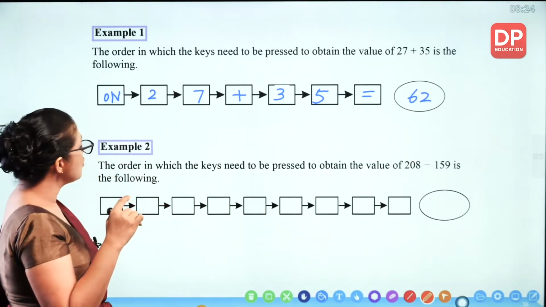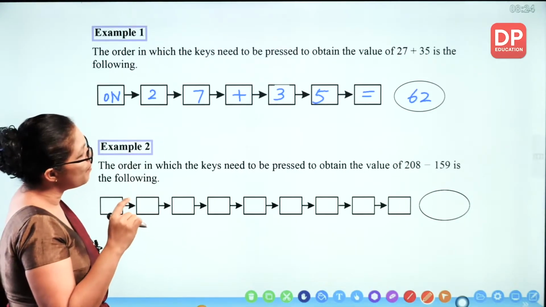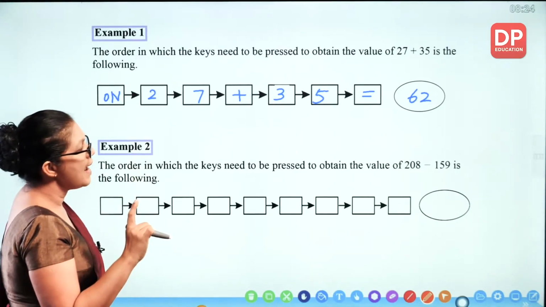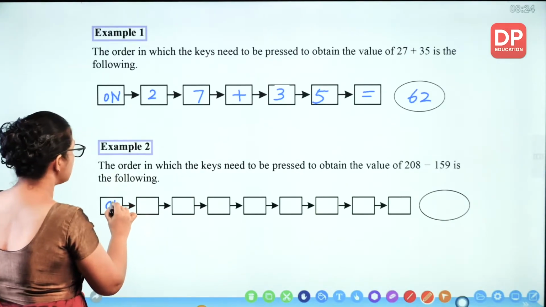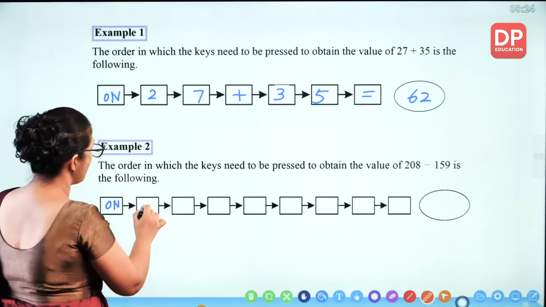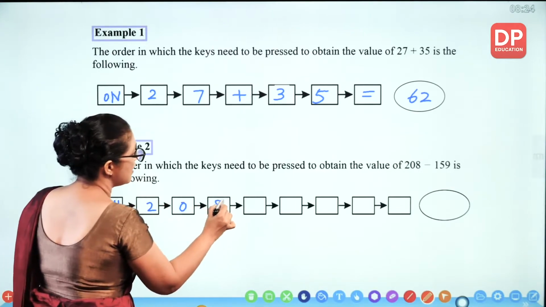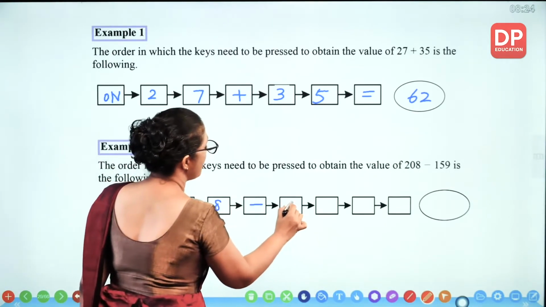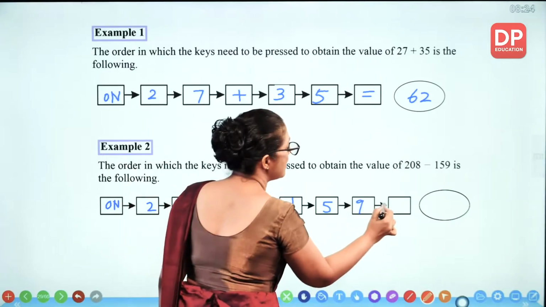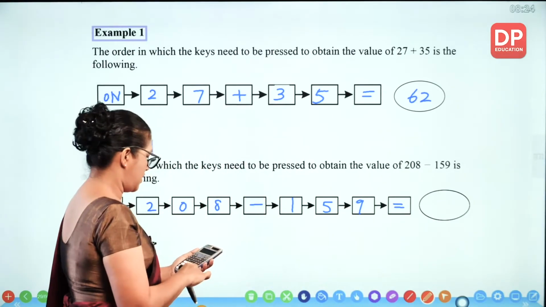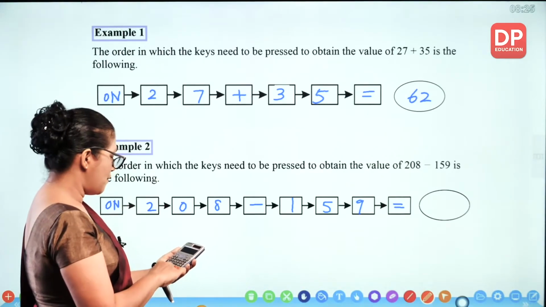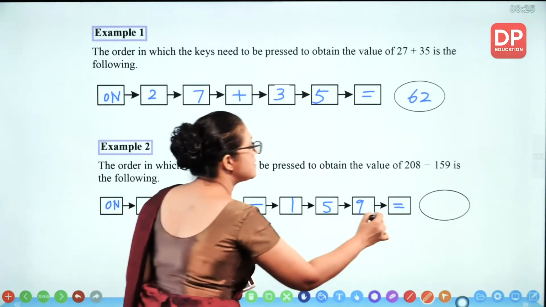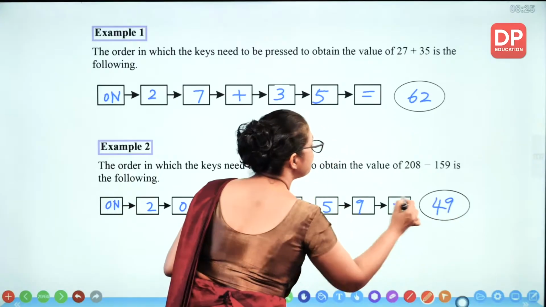This one, the order in which the keys need to be pressed to obtain the value of 208 minus 159. So switch on the calculator. 208 minus 159. 208 minus 159, 49 is the answer.